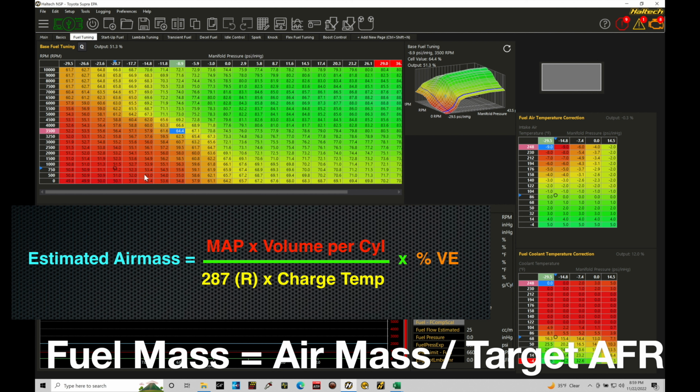Well, to estimate our air mass, we need to know things like our MAP pressure, our volume per cylinder. We have a universal gas constant, 287, and we need to multiply that by the charge temperature, which is essentially the air temp reading. And then all of that gets multiplied by the volumetric efficiency percentage coming from our table here. So we put that all together into an equation.